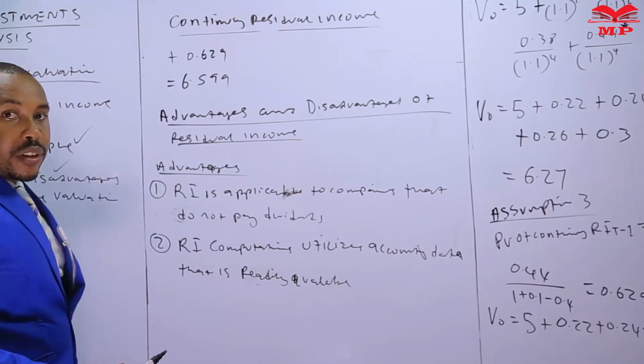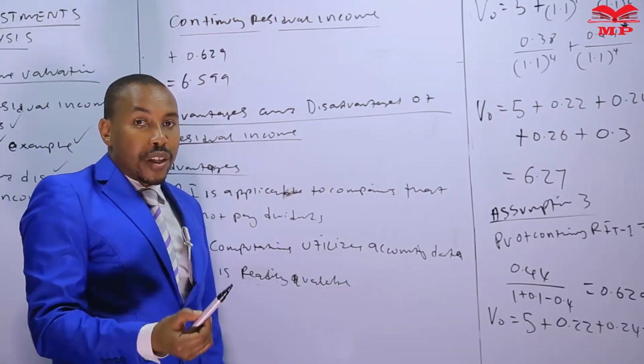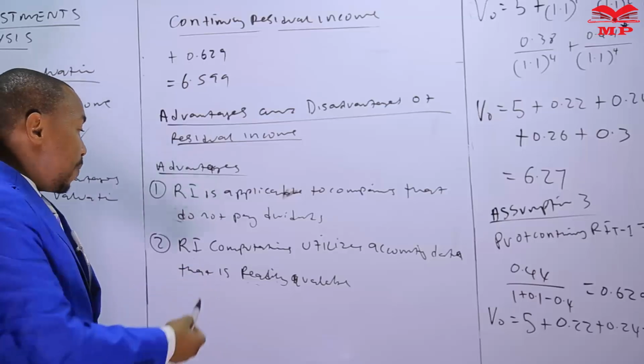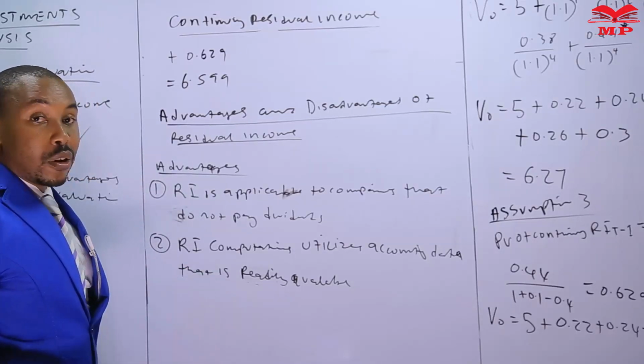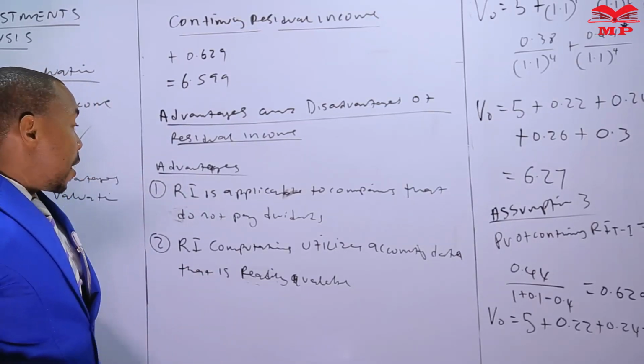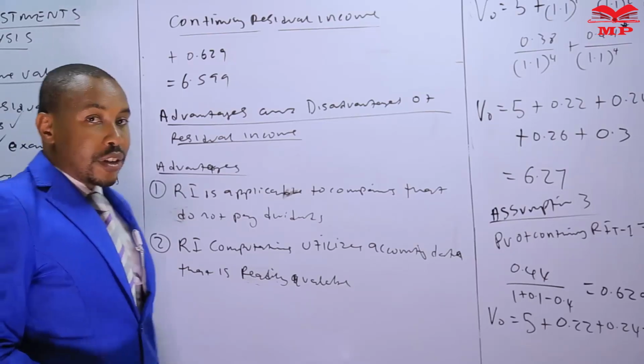We can just surf over the internet, over the company's website, and get information so that we can compute the residual income. Those are some of the advantages of residual income.